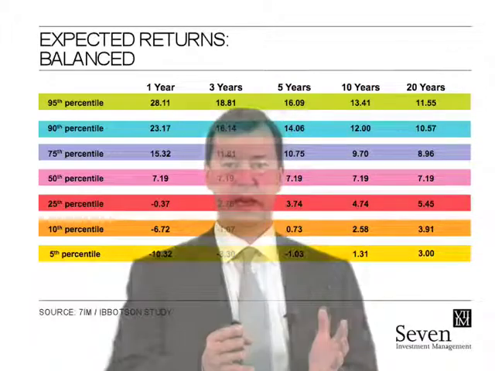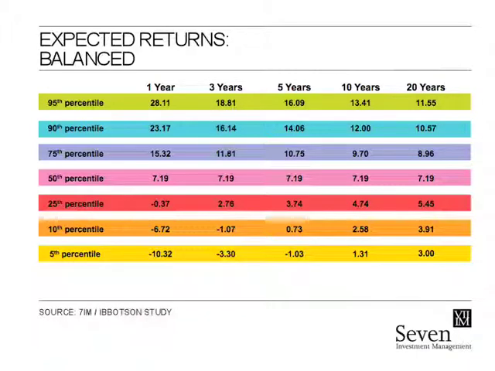And you can see here that the expected returns, represented by the 50th percentile, are about 7.19% over the course of time. When the actuaries arrive at this expected return from that variety of asset classes that we just showed you, they ignore cost. So this is 7.2% that we expect before cost.